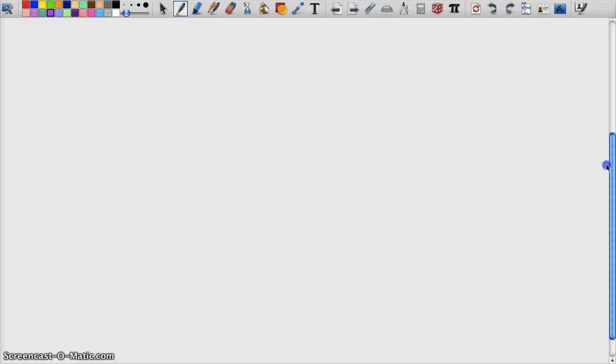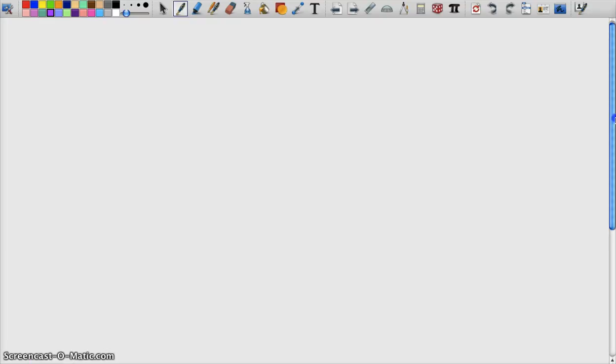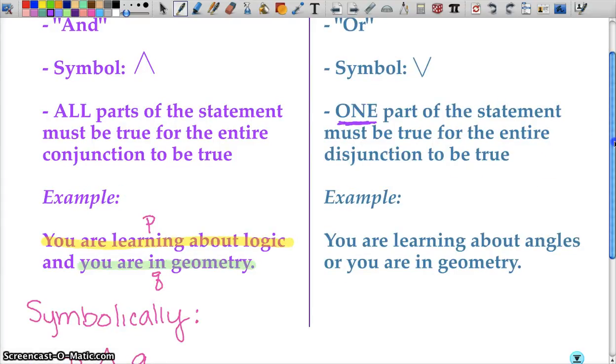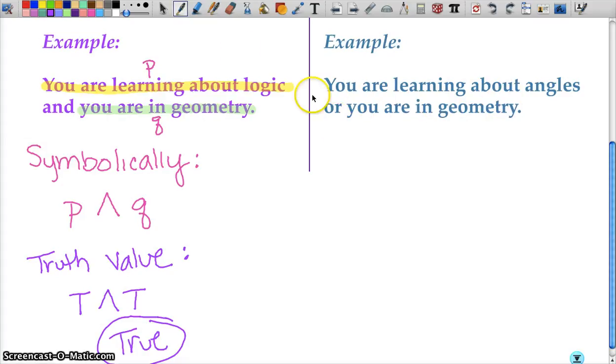Now, when we switch over to disjunctions, we've got the word or instead. The symbol is the flipped and symbol, so this time it's more of a V. So only one part of the statement must be true for the whole disjunction to be true. So it's different because you only need one little piece. And so from here, we have the example, you are learning about angles, or you are in geometry. So again, I'm going to go ahead and assign letters.